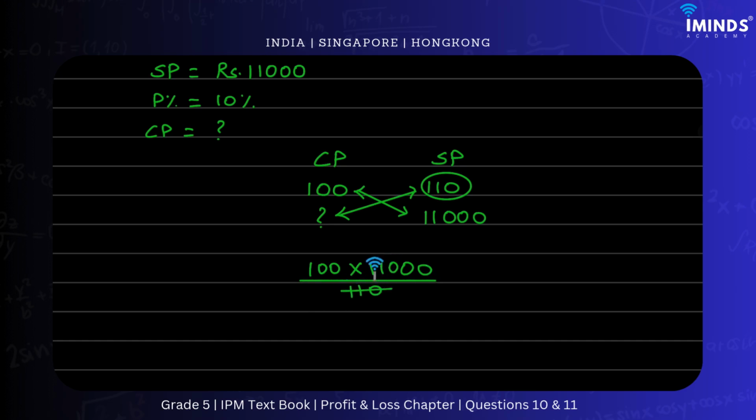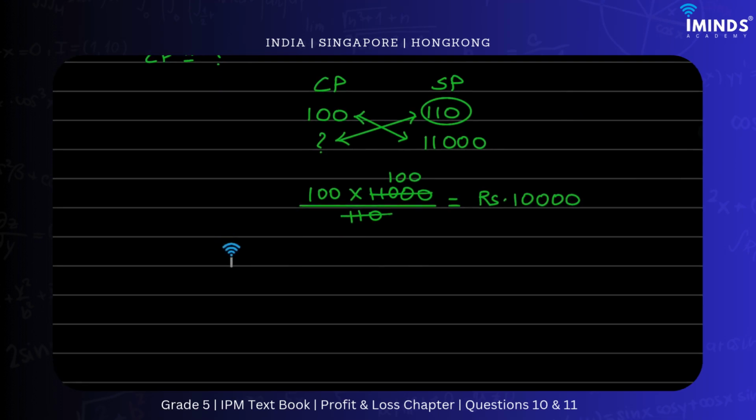So 110 goes here 10 times, 100 times, and then you get 100 into 100, which is equal to rupees 10,000. So therefore the cost price is rupees 10,000, and that is our final answer for this question.